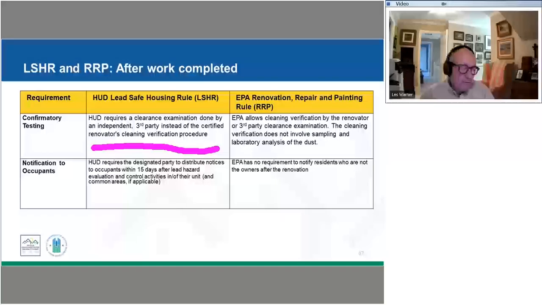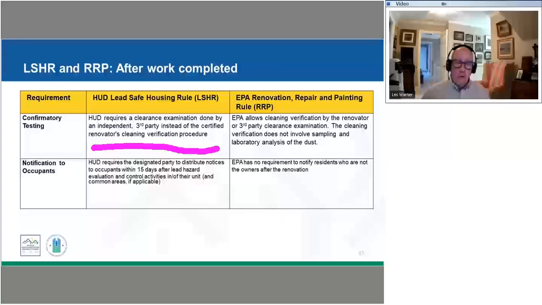And so that's one of the challenges, I think, sometimes, making sure that when we're hiring the contractor to do any kind of treatment, that they understand that this is a project that is falling under the lead safe housing rule, and so the protocol that's going to be required is that we're going to have a third party completing that testing.